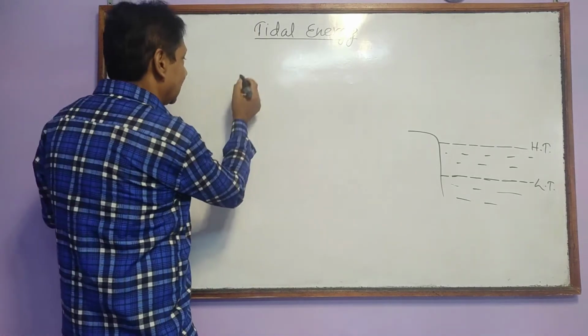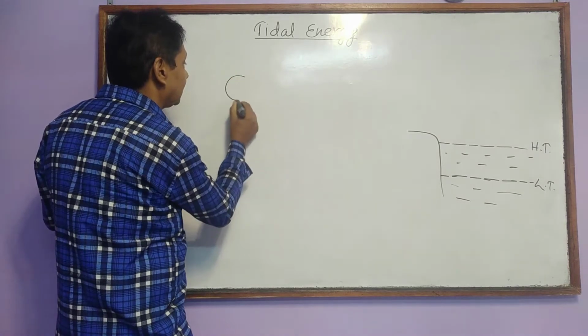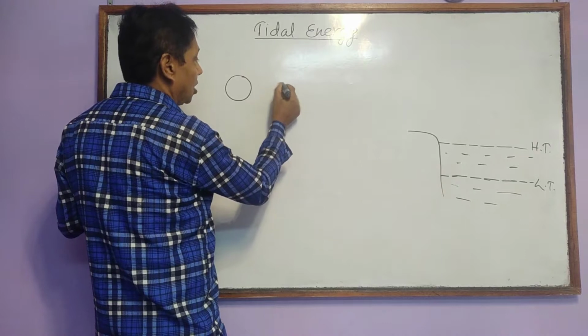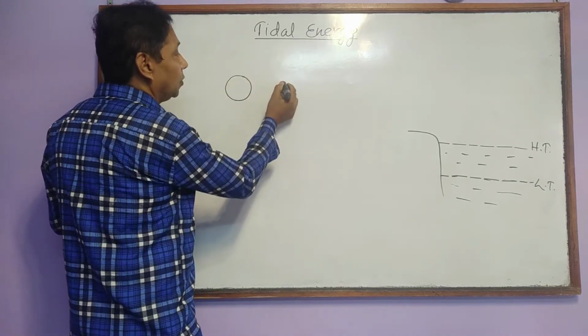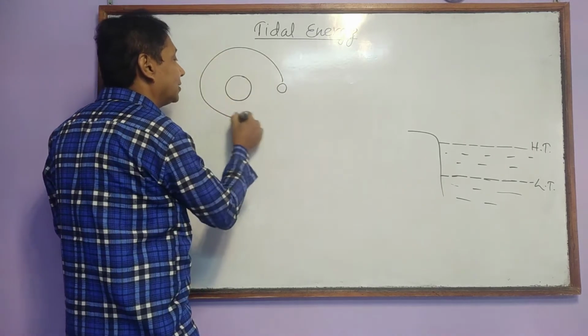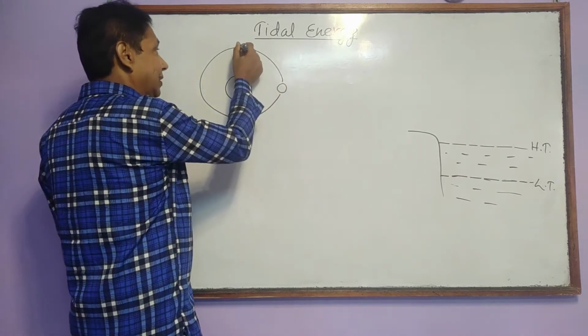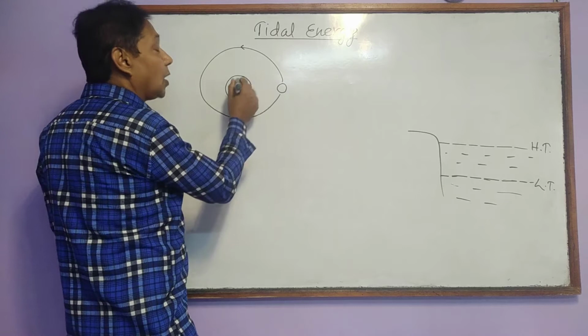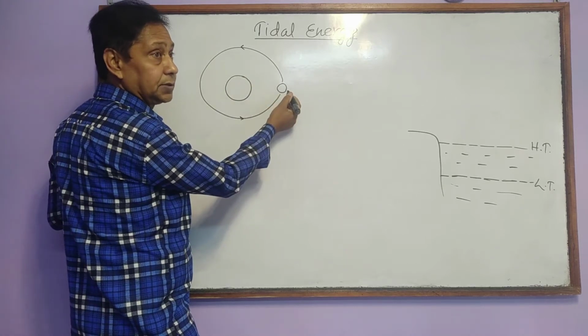Look at this. Let's say this is Earth, and here we have moon. All of us know that moon revolves around the earth this way, and while revolving around the earth, certain part of the earth faces the moon first. Look at this.